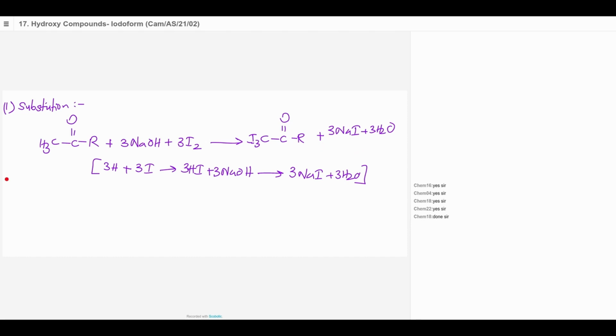The next stage is hydrolysis. What happens in the hydrolysis: the 3 iodine atoms, in fact, this carbon bond attached to 3 iodines and the carbonyl group, this bond gets hydrolyzed. Now, what is hydrolysis?